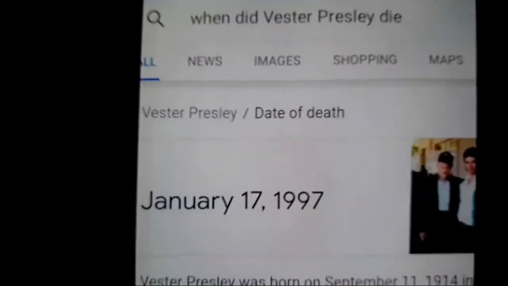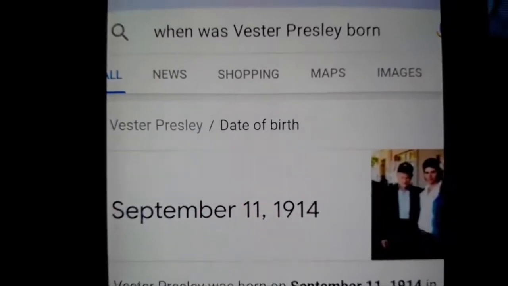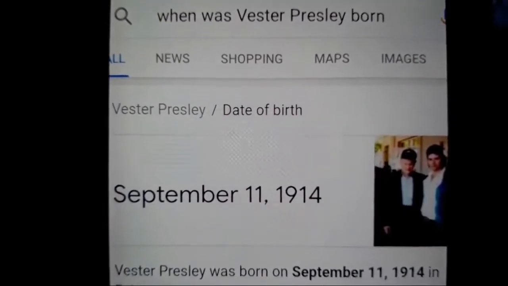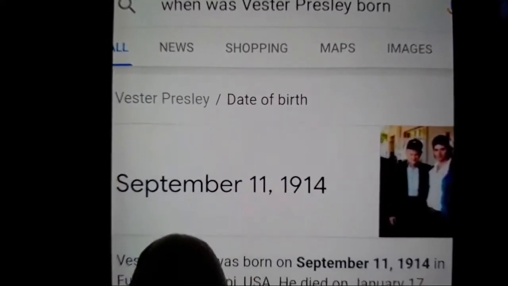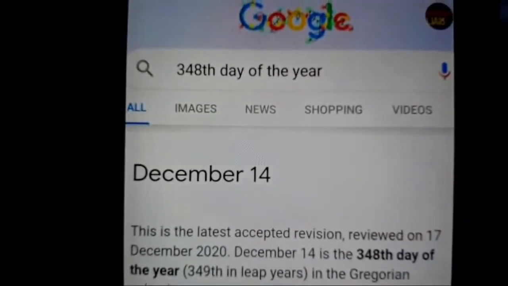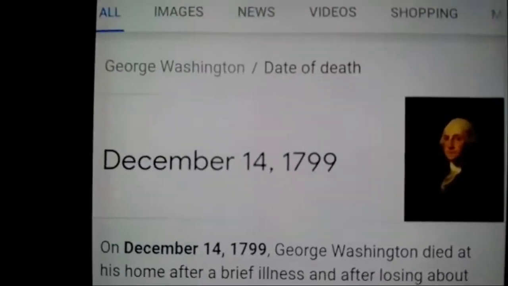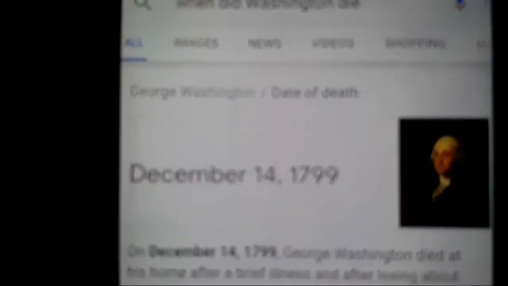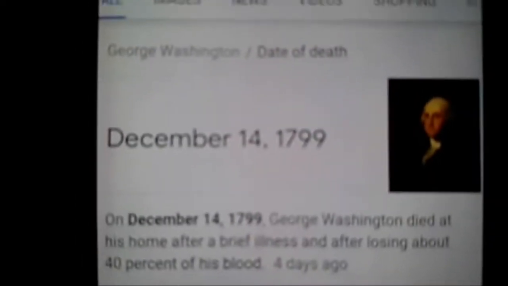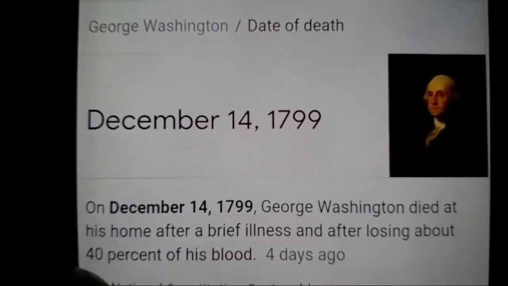Remember, I told you that Vester Presley, Elvis's dad's brother, was born on September 11th, and he died on January 17th, which is the backwards of December 14th, the day George Washington died. So January 17th is the backwards of December 14th.